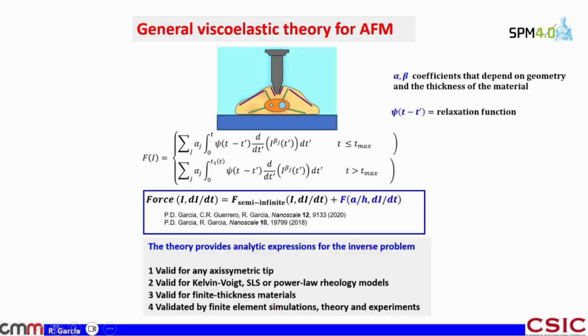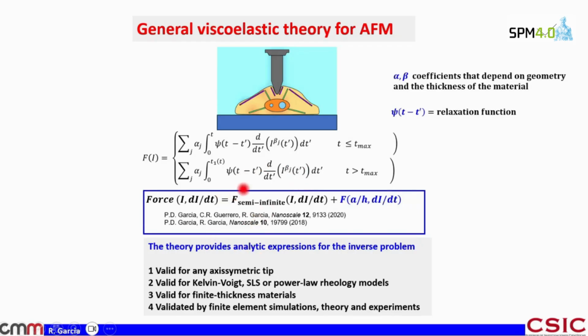We managed to do that with several hypotheses that I will not describe, but they include the finite thickness of the system, and they include something called the Ting model, because when we approach the tip, we go one way, and when we go back, we go in a different pathway. Ting, in the 60s, developed a model to relate the state of the system when you are approaching and when you are retracting, through the contact area, and that was implemented for this theory.